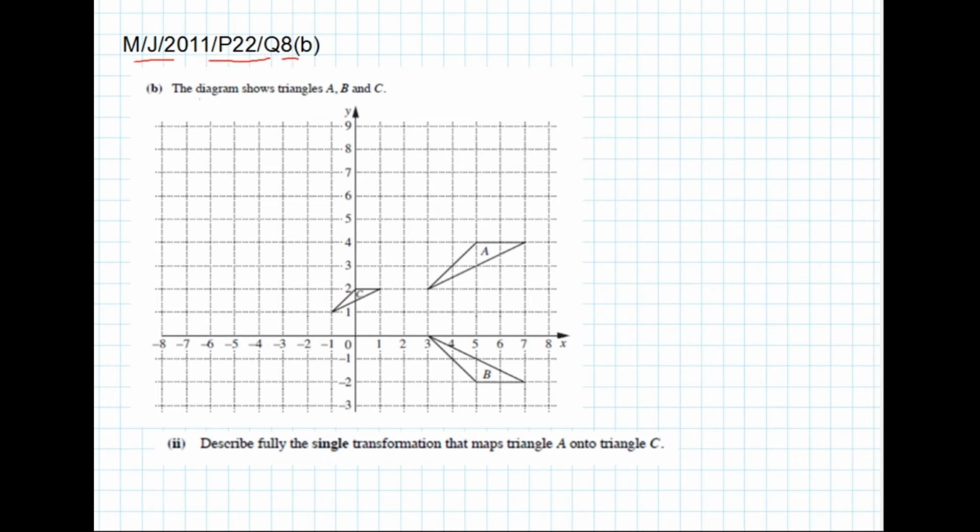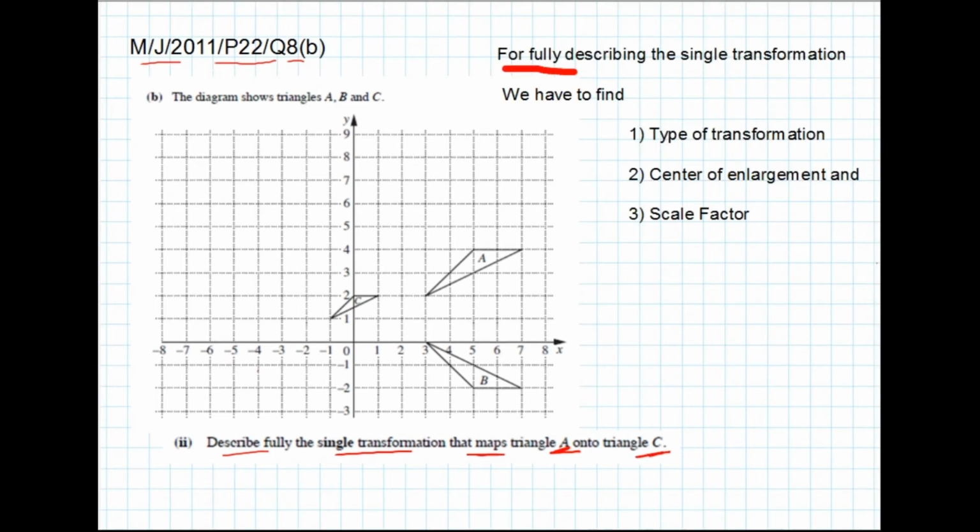Now the next question is May-June 2011, paper 2-2, question number 8, part B. The question says the diagram shows triangle A, B and C. Describe fully the single transformation that maps triangle A onto triangle C. For fully describing the single transformation, we have to find number 1, the type of transformation, number 2, the center of enlargement, and number 3 is scale factor.